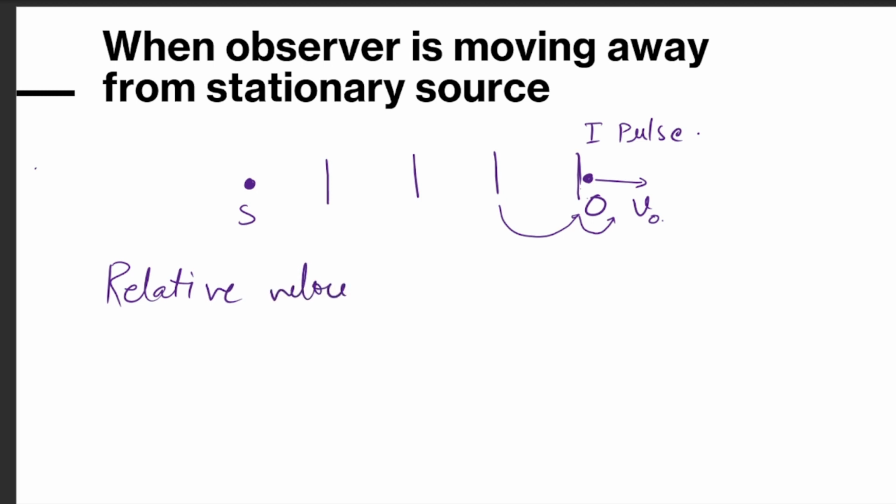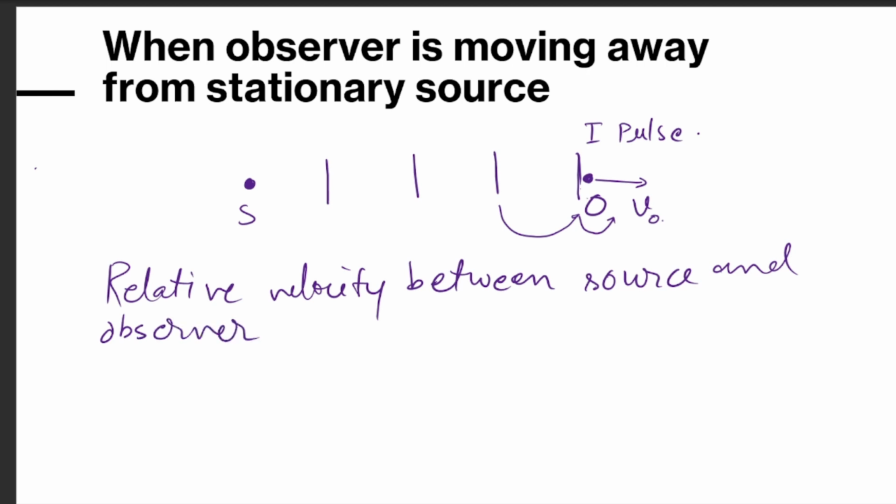velocity between source and observer is v minus v naught.